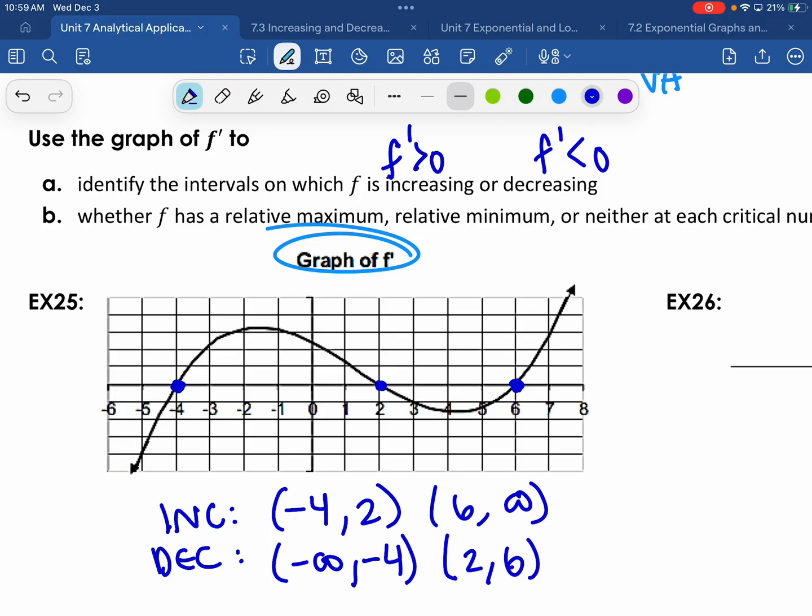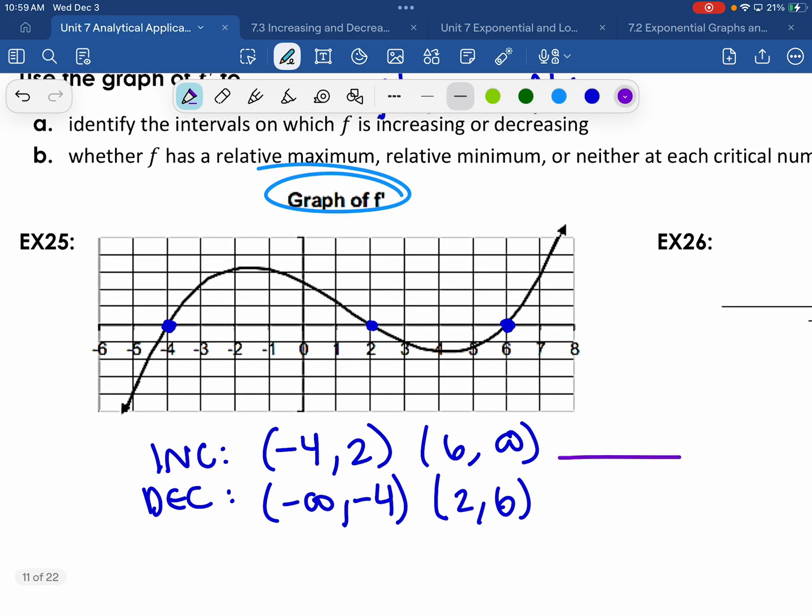Okay. So increasing and decreasing is think about positive and negative. And then for maximums and minimums, if it helps you to draw your number line, you can, -4 to 6. So you go decreasing, increasing, decreasing, increasing. So if it helps you to draw your number line at the points where you stop, at -4 to 6, your critical numbers when it hits 0.